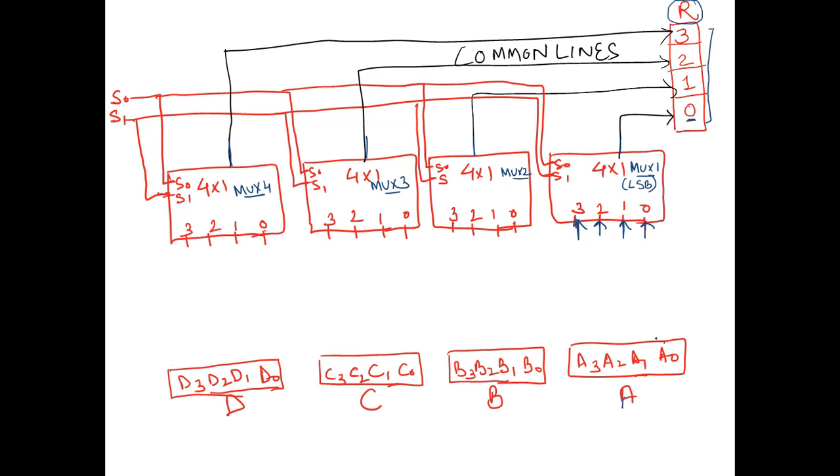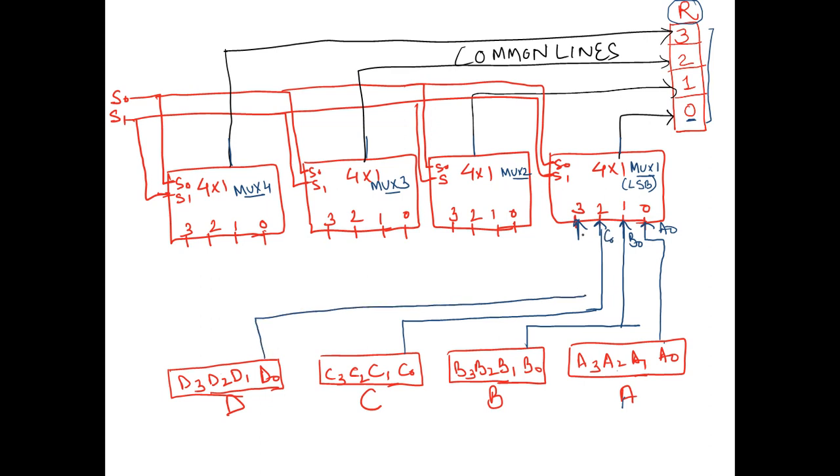So this A naught will go here. Similarly, this B naught will be attached here. Similarly, the C naught will attach, and lastly, the D naught will attach to this first multiplexer.